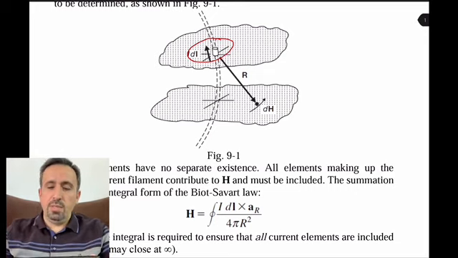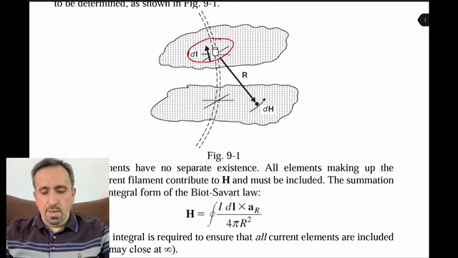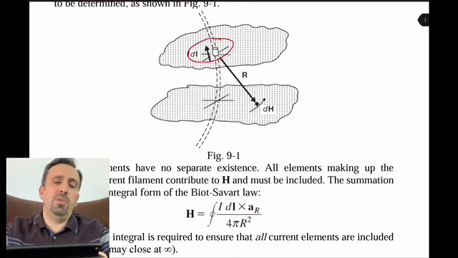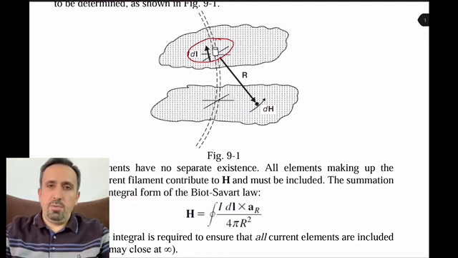So the summation of all of these current elements will give you the required total magnetic field you're looking for. In other words, the summation of all of these current elements will give you a certain integration, and this integration will be a closed line integral.